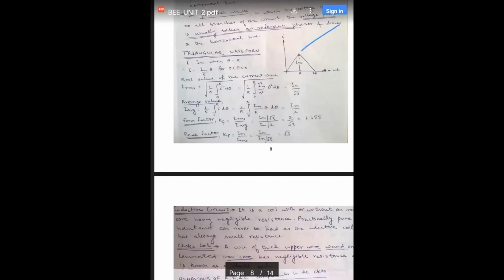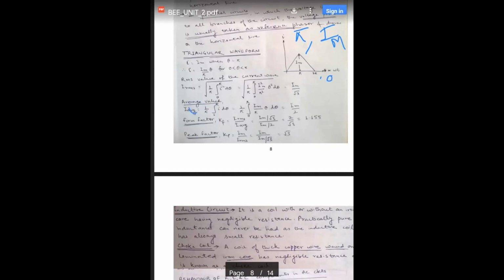You all are aware of those formulas. For example, what are the coordinates of this maximum point? It is pi and Im. Similarly, this 2 pi is given and the value is 0. Okay.